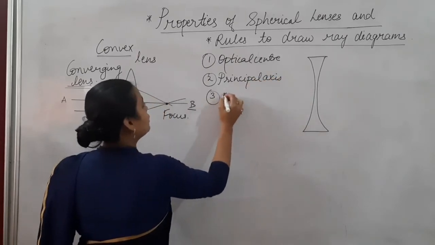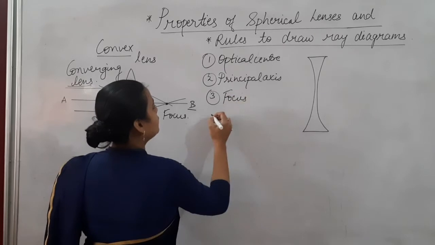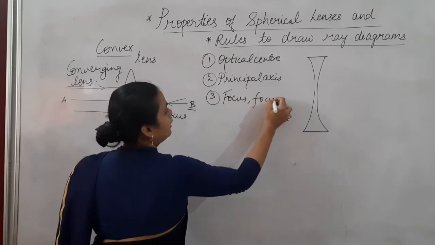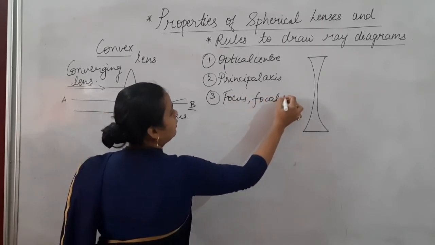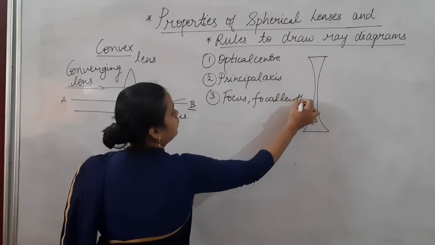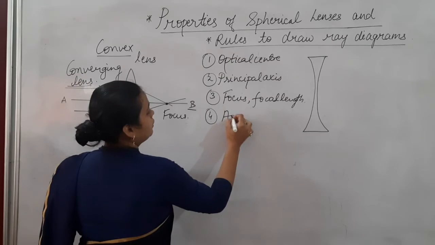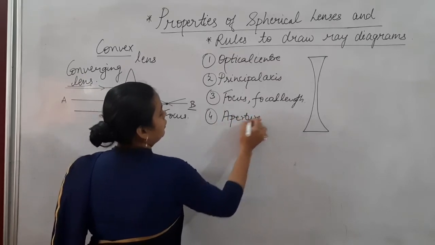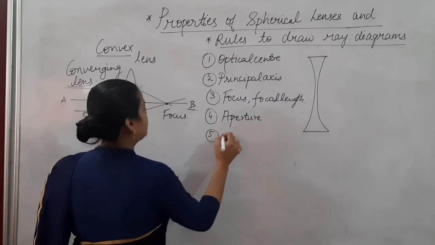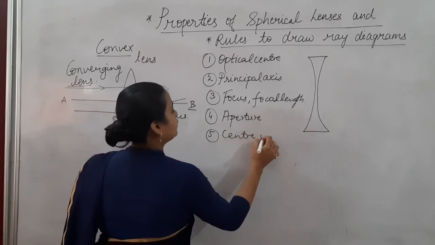Third is focus. Same, you can write here only focal length. Fourth one is aperture. Fifth one will be center of curvature.